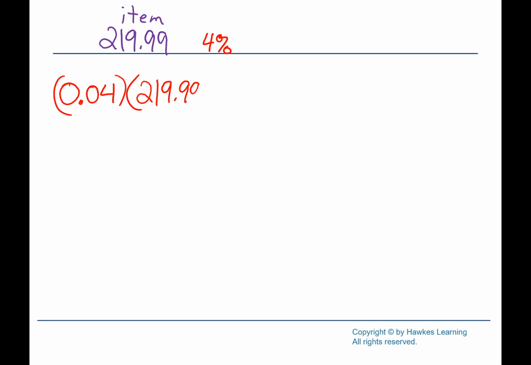So kind of the traditional way I work this problem: Georgia was 4% sales tax, it said. So if we do 4%, then we would do 0.04, right, change 4% to a decimal, times $219.99, figure out how much tax we have to pay. If we round to the nearest cent, that rounds a little weird, but that's $8.80 tax.